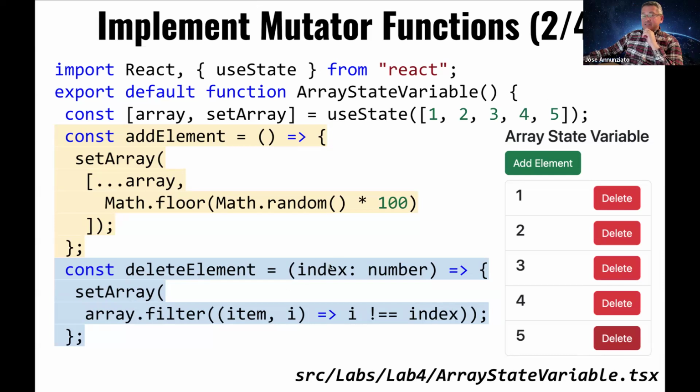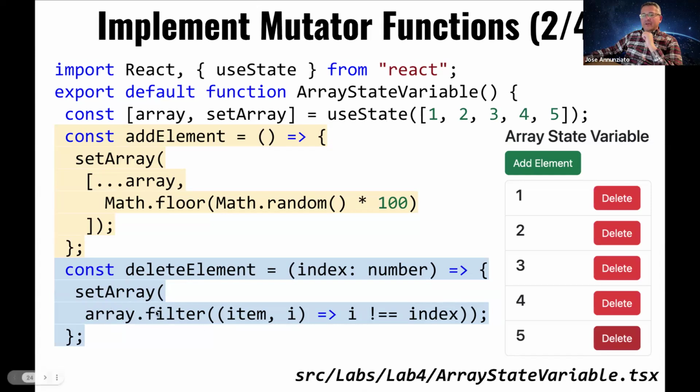The delete element can take as argument, for instance, an index, right, of which item are we removing, and presumably that will be handled by each delete button in each item, which will know which index you're in, and it'll pass in that index. We will cause a new array to be computed. How? We're going to set the array to a brand new array, right, which will be the result of filtering out that particular item out of the array. Right?